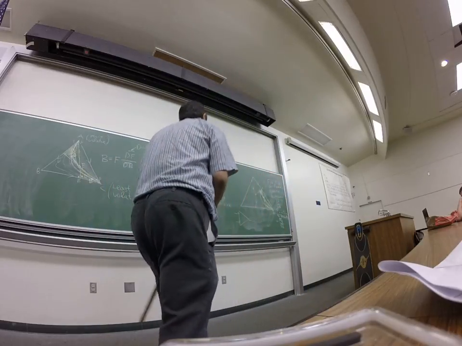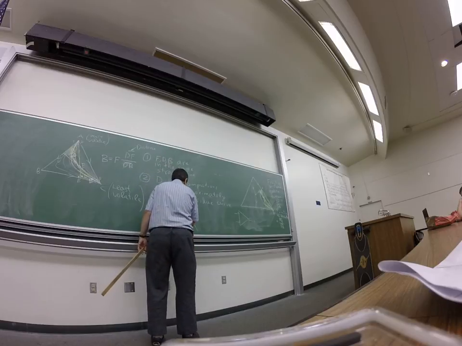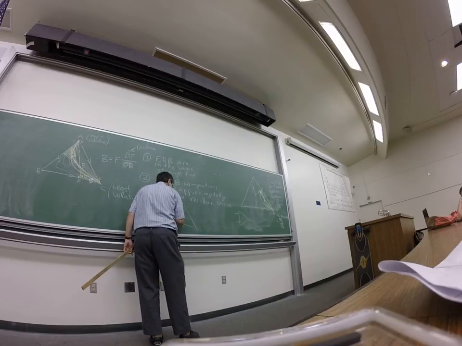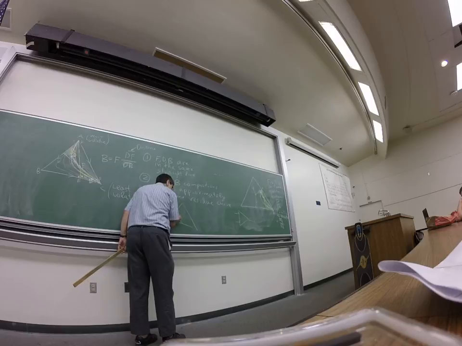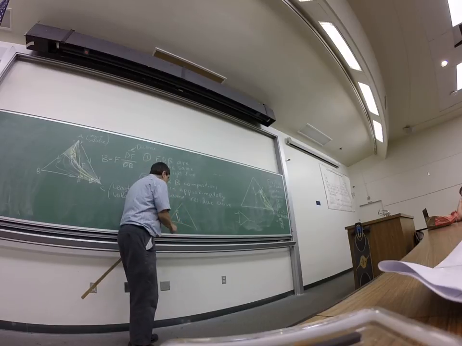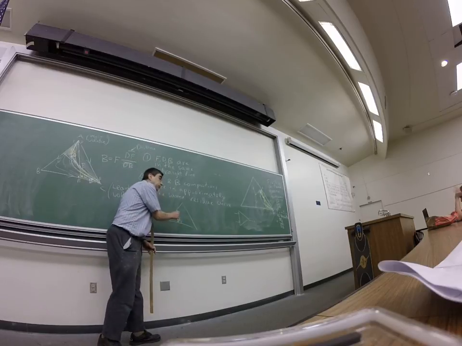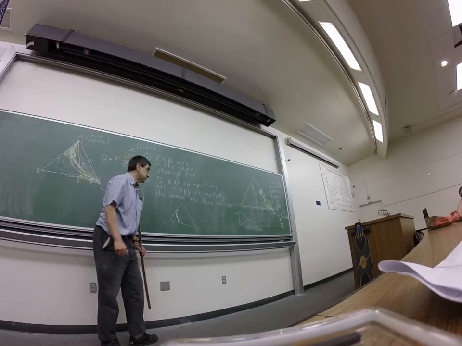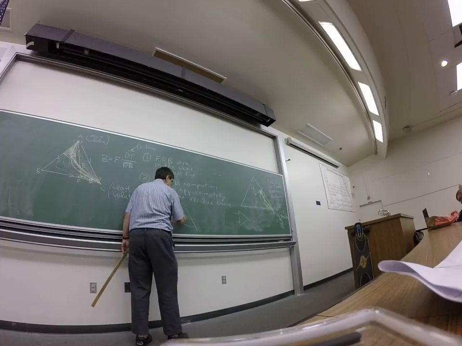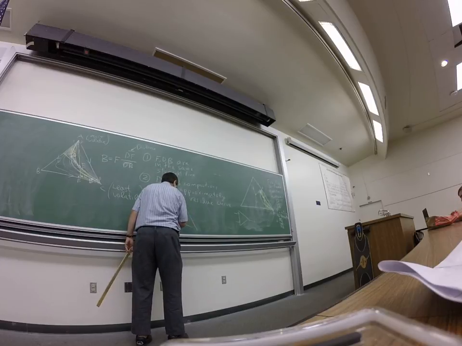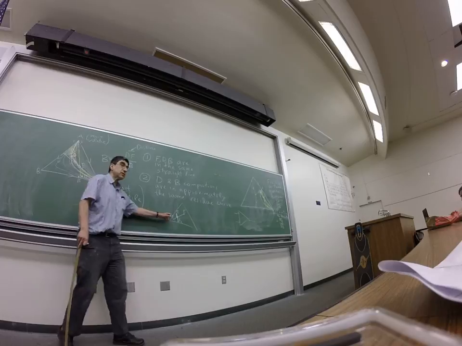If you do it in the ternary form, if you have 2 points, feed 1, feed 2, and we mix them, the mixture composition will be in this straight line following the lever rule. And if I have extract and raffinate, they would be like that, a straight line, let's say extract, raffinate. Clear? And again, the lever rule.